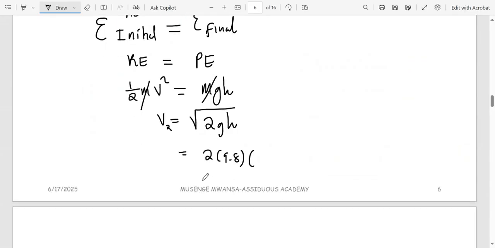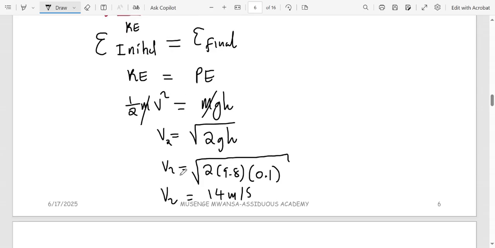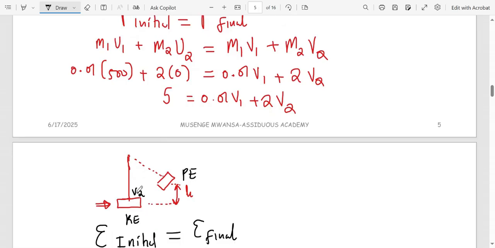Converted to meters, that is 0.1. That is going to give us 1.4 meters per second. So this is V2, the velocity that the block is going to gain just after the bullet hits it.